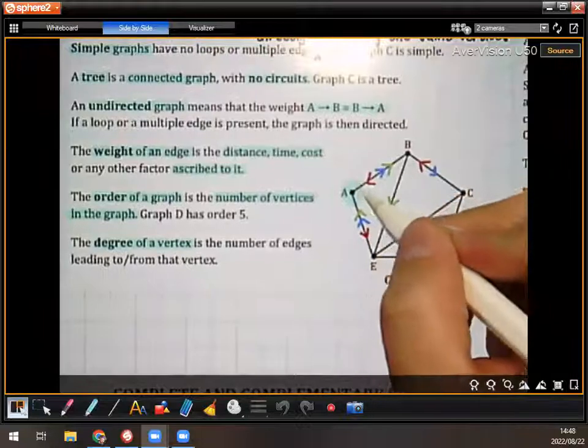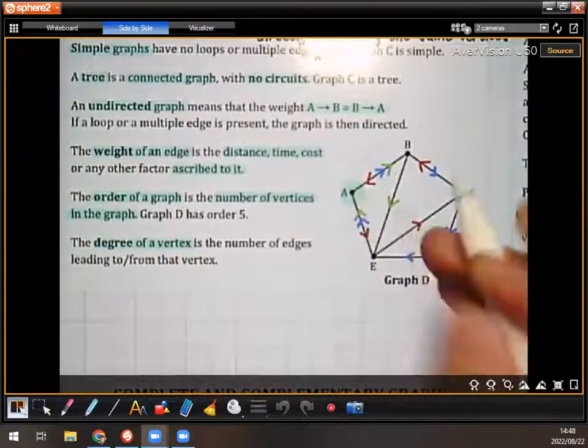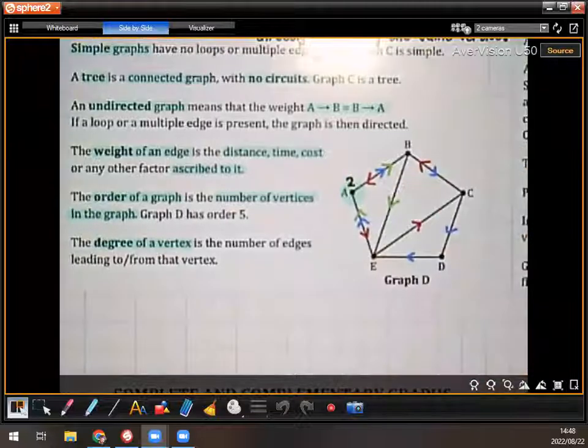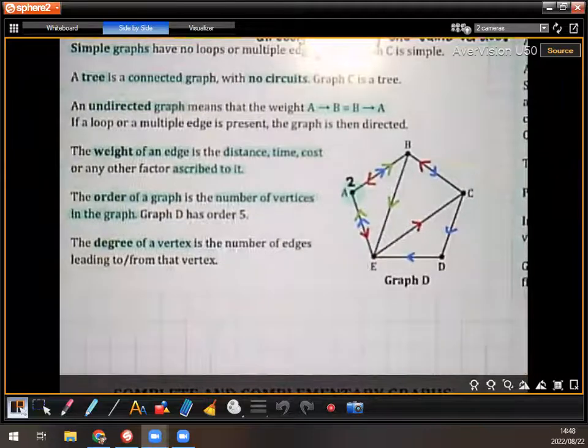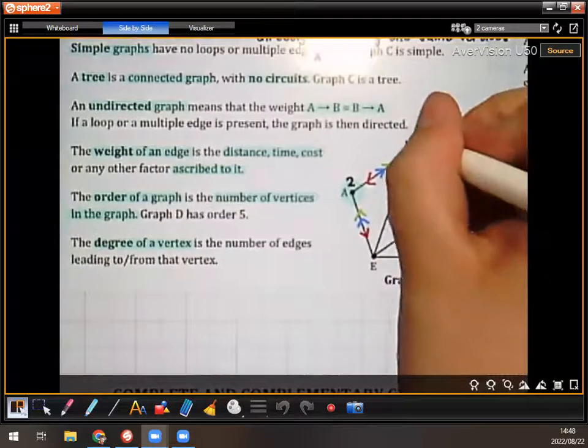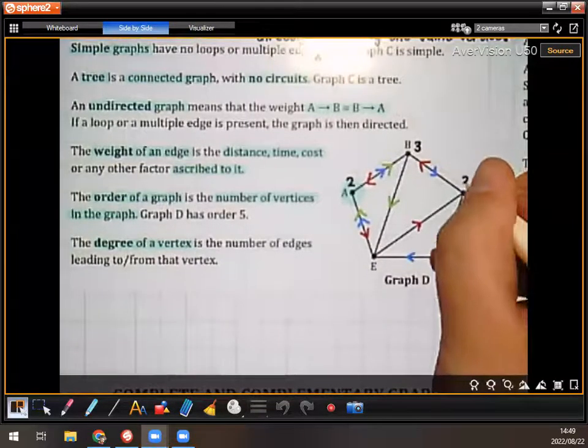Okay, next to A. How many edges are attached to this vertex, or connected to it? 2. So the degree of vertex A is 2. What about B? 1, 2, 3. The degree of vertex B is 3. C, also 3.